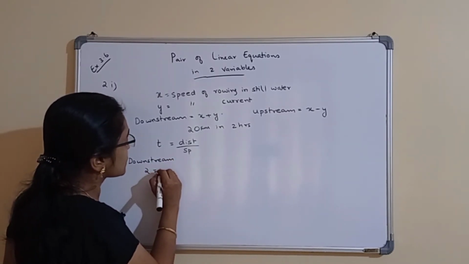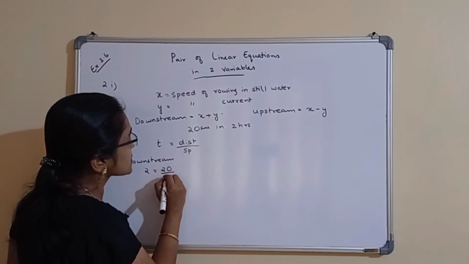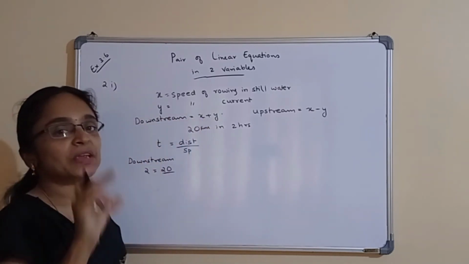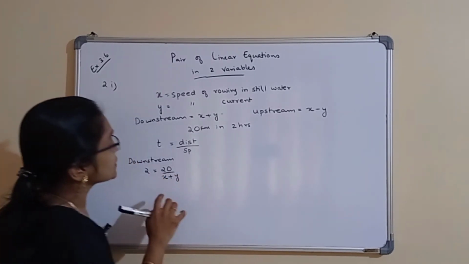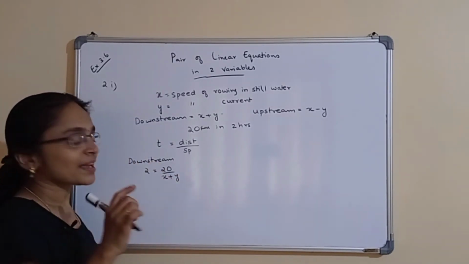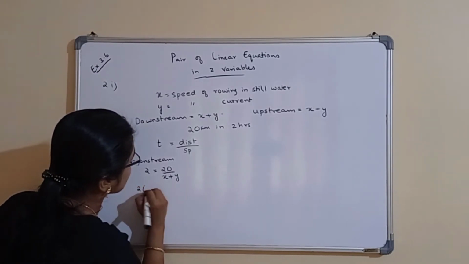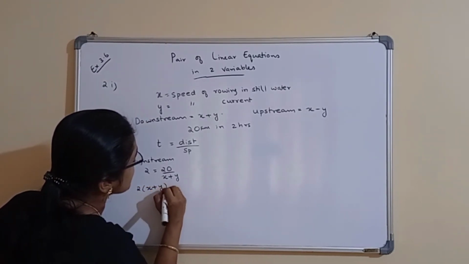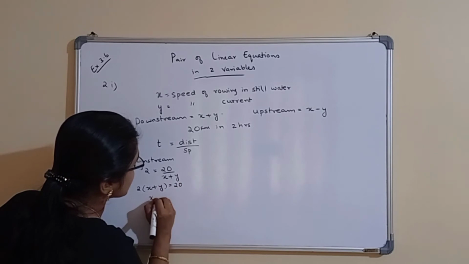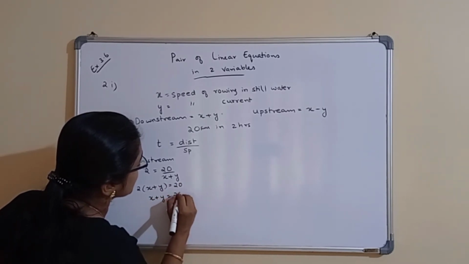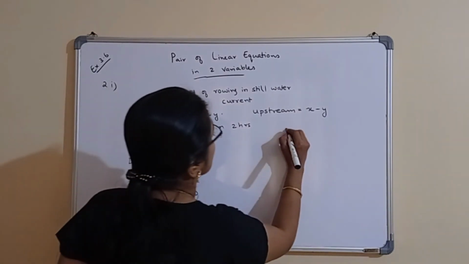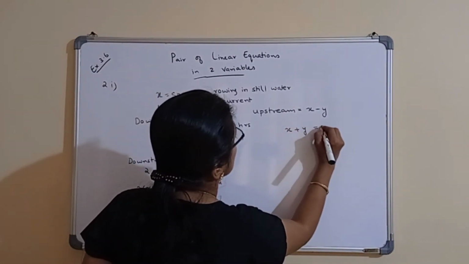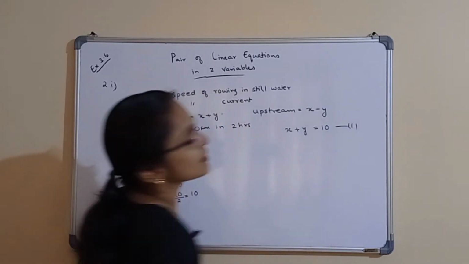So, 2 is equal to 20 by speed, and the speed of going downstream is x plus y. So, we got 2 equal to 20 by (x plus y). Now, cross multiplying we will get 2 into (x plus y) is equal to 20, which means x plus y is equal to 20 by 2, and that is equal to 10. So, x plus y is equal to 10 is equation 1.